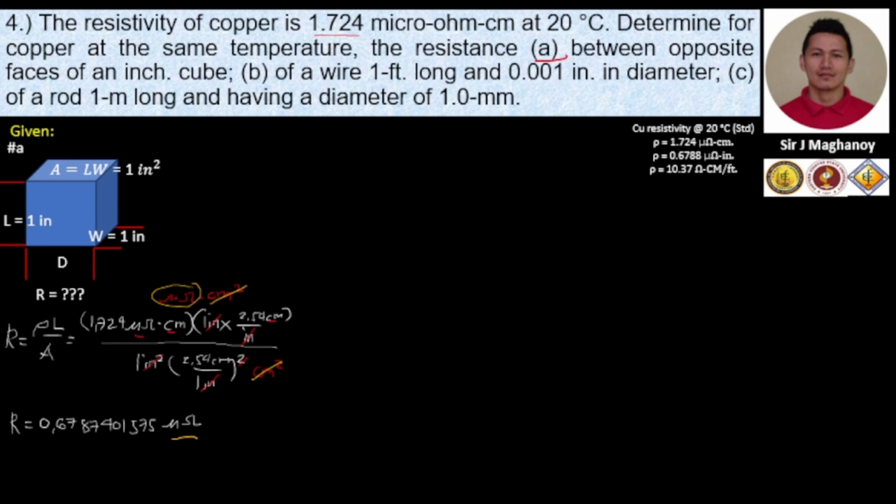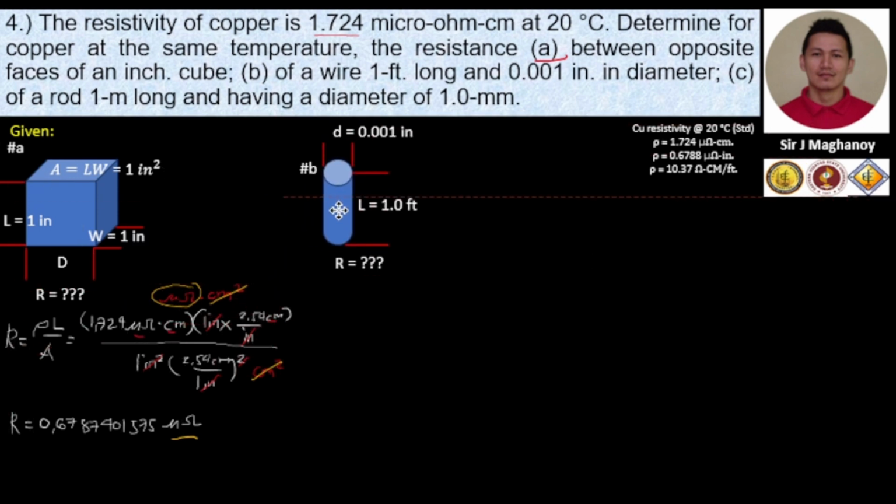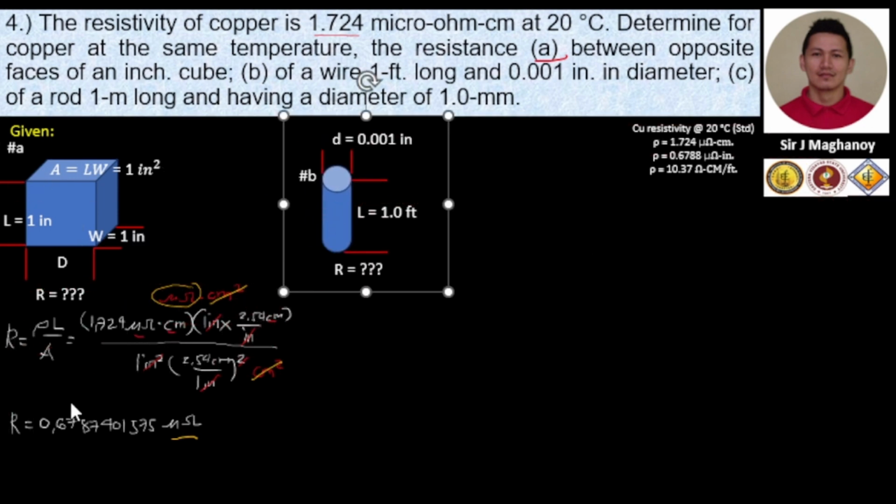How about for B? Resistance of a wire 1 foot long. So we have a wire 1 foot long. So we need to solve for the resistance again. Okay, but the unit for our diameter is in inch and the unit of our length is in feet.